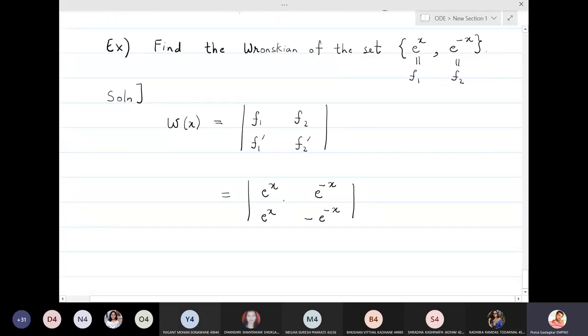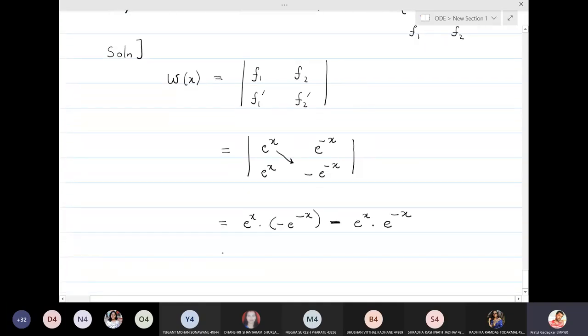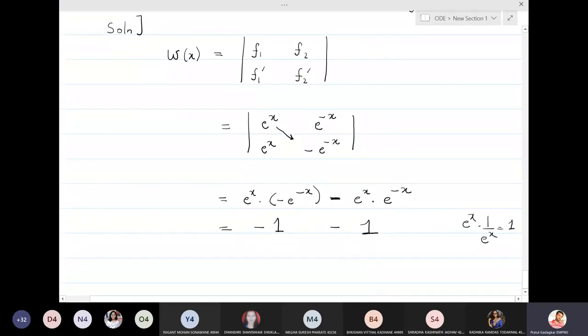So when I find the determinant, this will be e raised to x into minus of e raised to minus x, minus e raised to x into e raised to minus x. E raised to x into e raised to minus x is 1, because e raised to x into 1 upon e raised to x is 1, and this will be minus 1, which is minus 2. So the Wronskian is equal to minus 2.